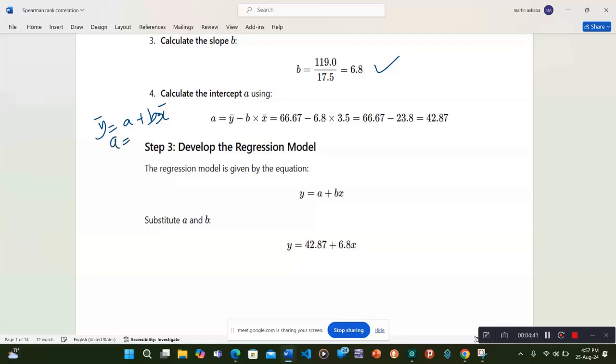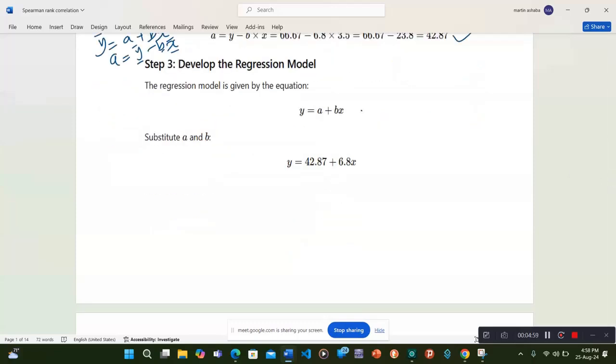If we make a the subject of the formula, this is going to be y bar minus b x bar. We have already calculated b, x bar we know, y bar we know, and that is going to be our a. So we develop the model by writing our general format and then substituting the values for a and b. And now that will be our regression model.